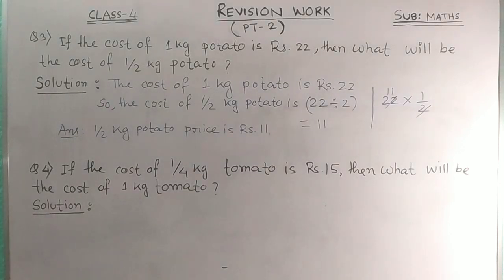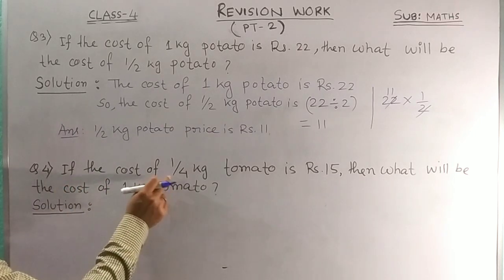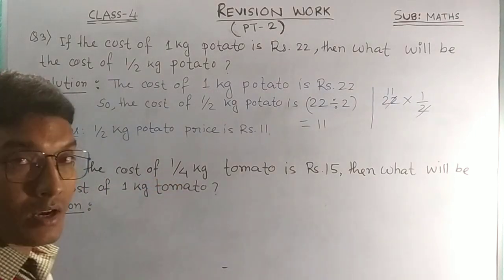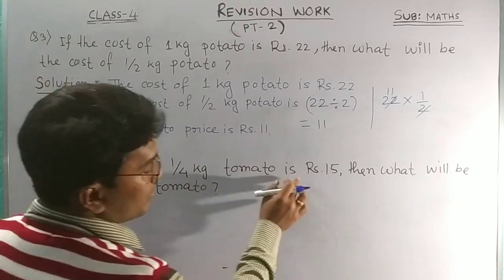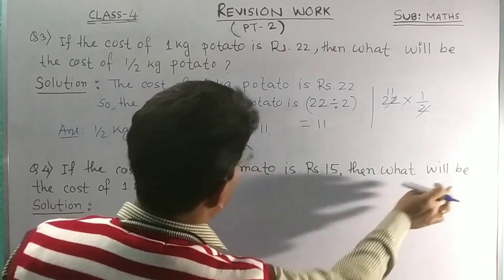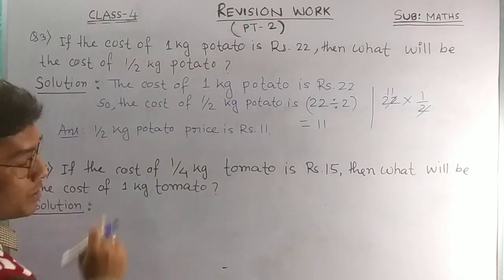The next question: if the cost of 1/4 kg tomato is rupees 15, remember half and 1/4 are different, then what will be the cost of 1 kg tomato?